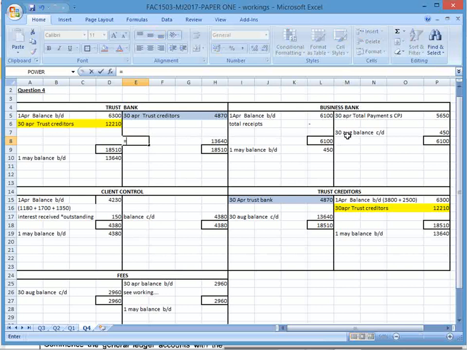Okay, so balances. Right, everything okay there, guys? You've got 30 August balance carried down. Is that okay? Sorry, April, not August.